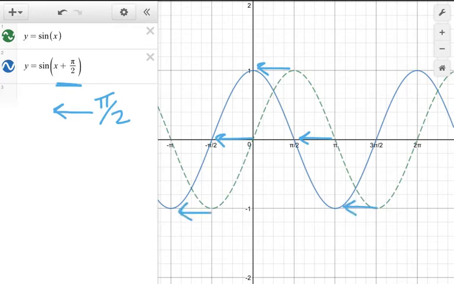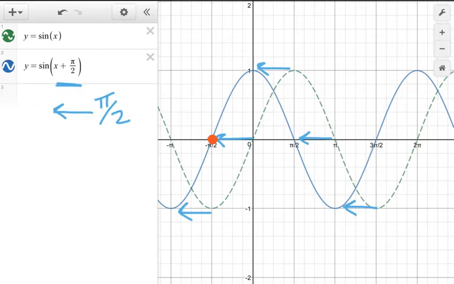And now my starting point, which used to be at 0, 0, is still on the midline, but now it's at an x value of negative pi over 2. So I'm looking for where I see the beginning of a sine curve.